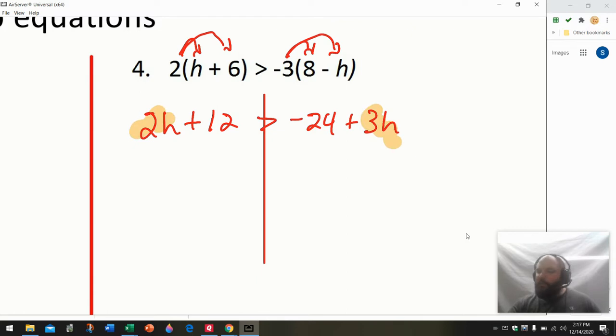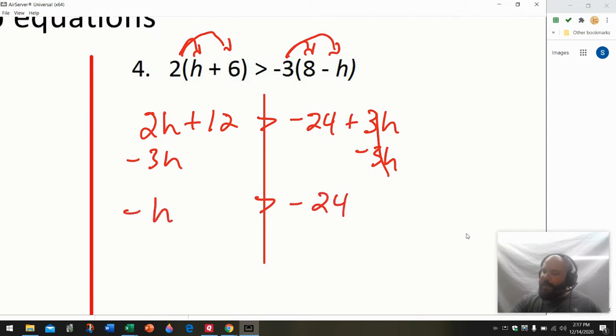You can see there's a 2h and a 3h. We do want our variables to end up on the left-hand side, so we might as well move that 3h over by subtracting 3h from both sides. And when I do that, I get -1h plus 12 is greater than -24.